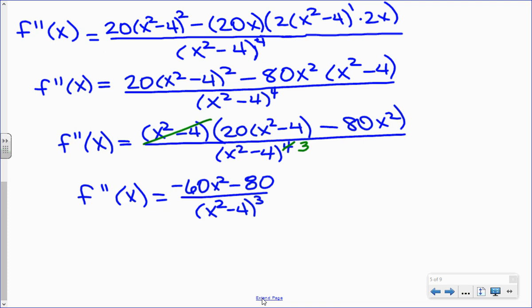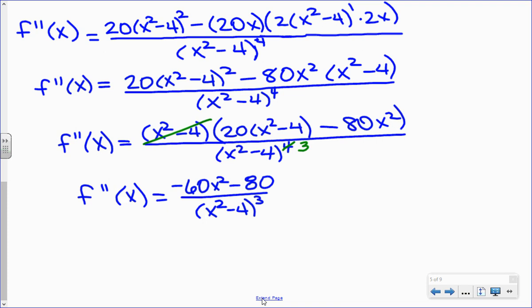Yes, I understand that that was some intense algebra, but you all are fully capable of doing that, start to finish. You are. Just know that that'll be kind of a pattern when you do these.